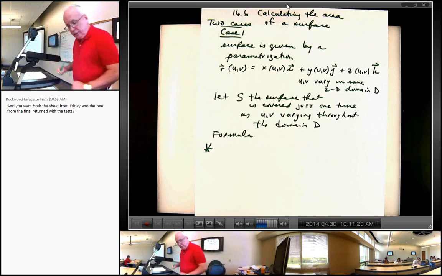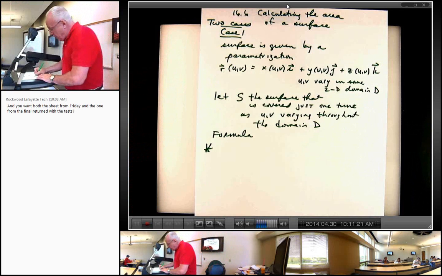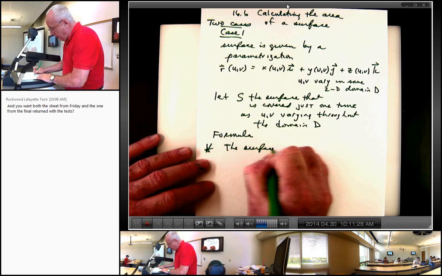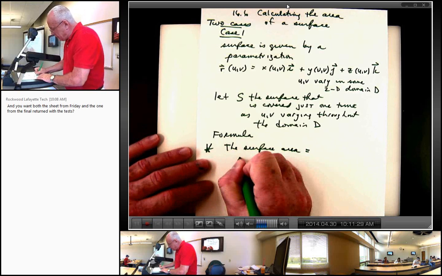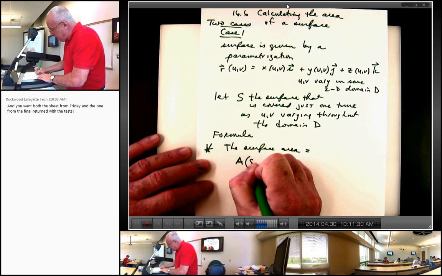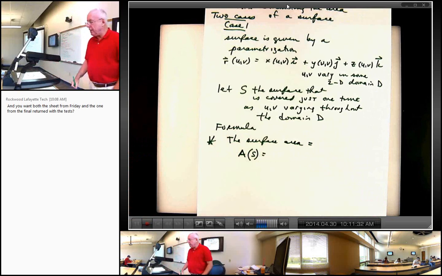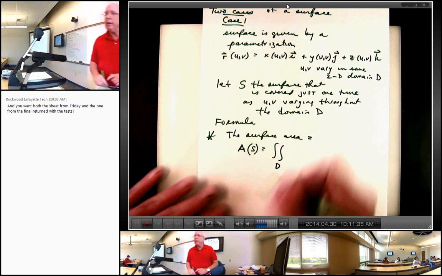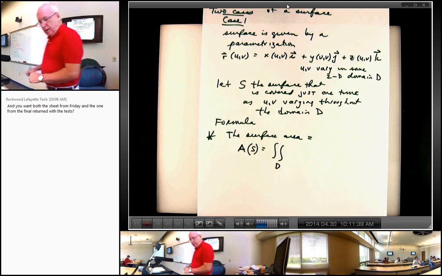Put an asterisk here by this. The surface area, let's call it capital A of S, that's this little shorthand. Well, what it equals is the double integral over that domain D of the following.